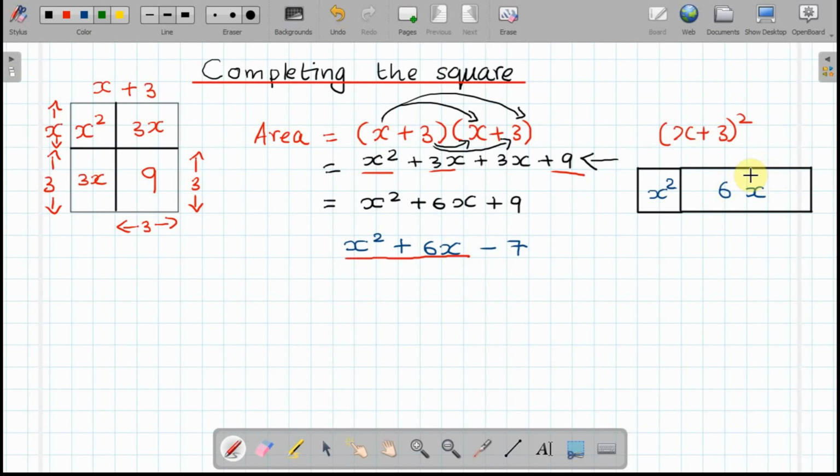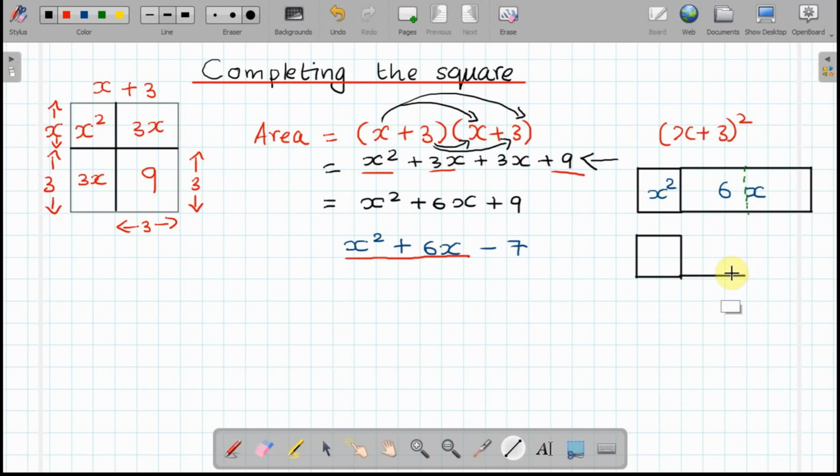Now what I'm going to do is split this 6x into 2 equal parts. So my diagram will now look a little bit like this. I still have my x squared here. That's not going to move. And when I split the 6x into 2 equal parts, each part will become 3x.